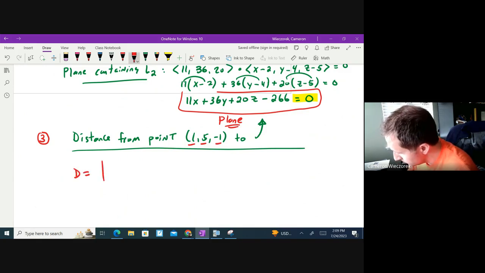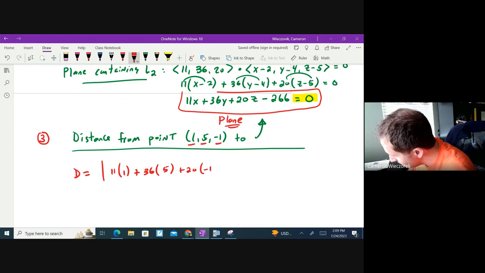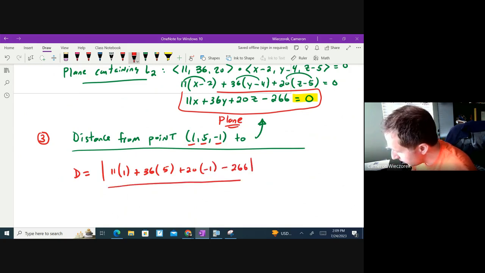Absolute value of 11 times 1 plus 36 times 5 plus 20 times -1 minus 266, absolute value, divided by the magnitude of the normal vector to that second plane that we found. So we're going to want to use the normal vector 11, 36, 20.